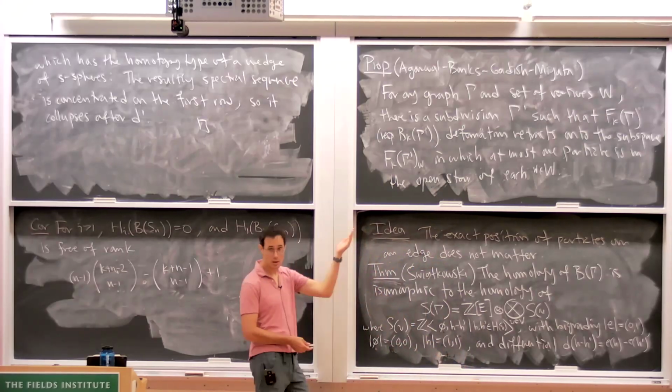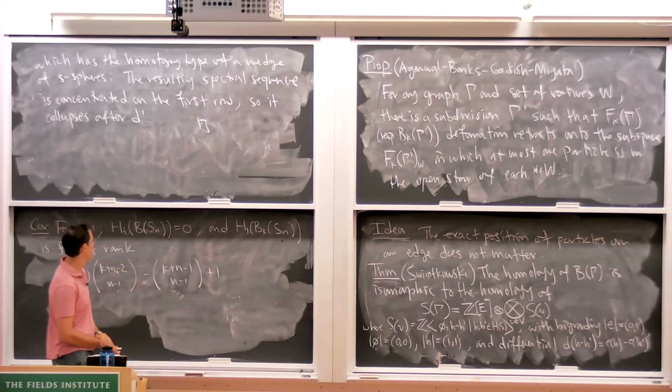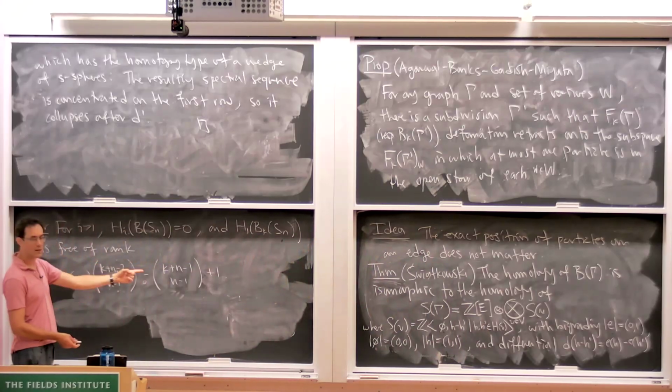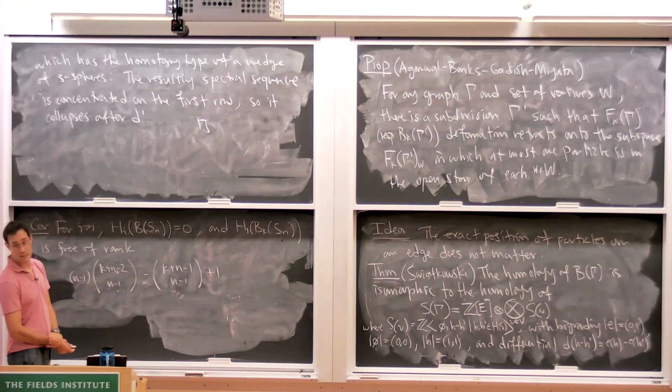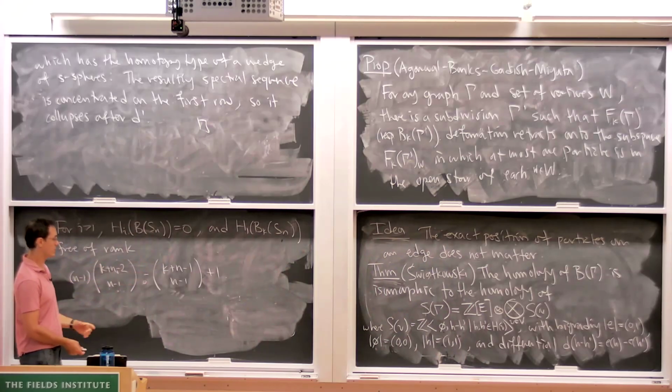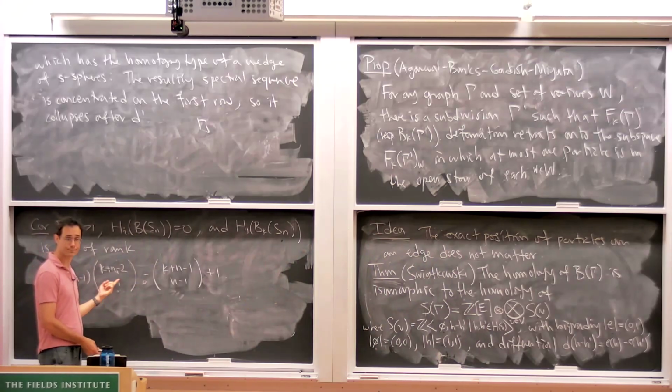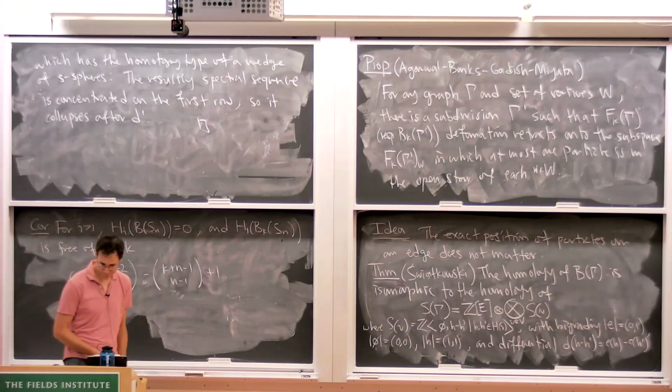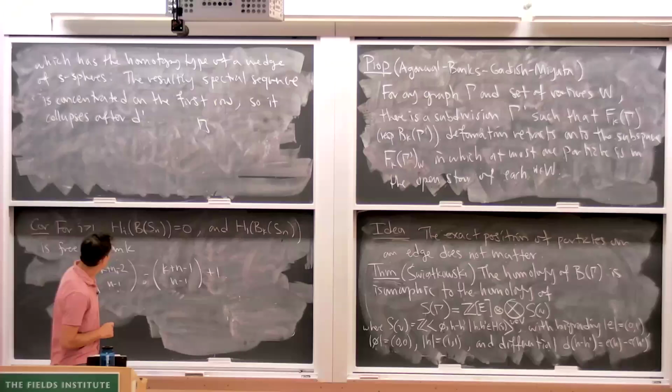So there's just no complex above degree 1. How do we calculate the rank of H1? Well, the Euler characteristic is easy to calculate from the complex, from the combinatorics of the graph. And using the Euler characteristic, this just falls out.